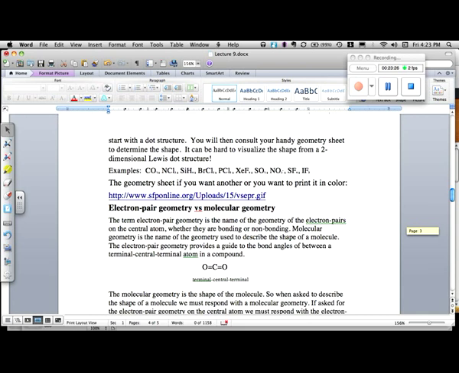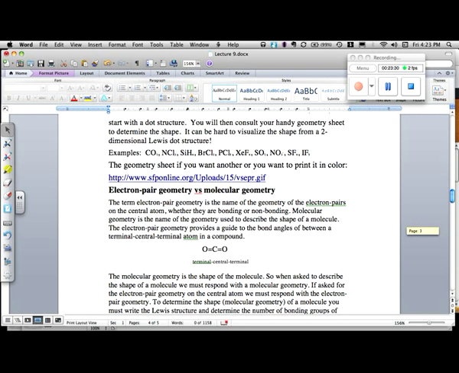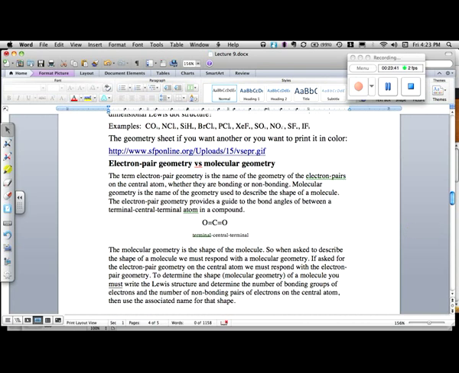So Lewis dot, shape, and polarity, I call it the whole enchilada. You're going to end up using the front and the back of your card. All right, so we're going to work through some examples, and as we work through those examples and consult the sheet, I am going to be making reference to the difference between electron pair geometry and molecular geometry.